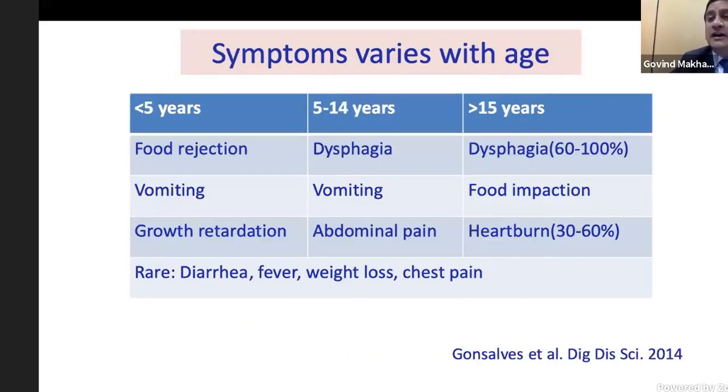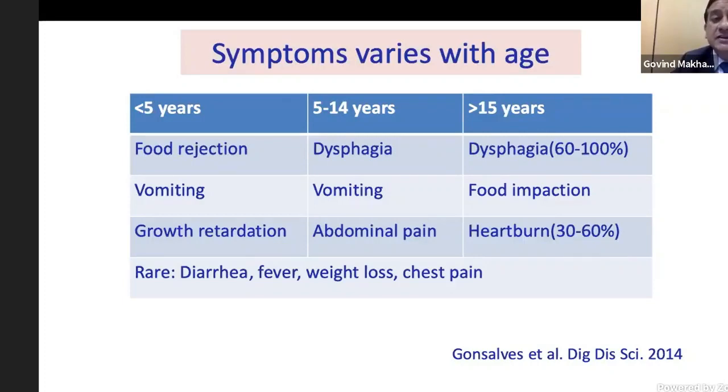Therefore, in the early part of life, the symptoms may be more or less non-specific. The child will reject food, they may have vomiting. If they have recurrent vomiting, they can have growth retardation. So in the early part of life, the symptoms are not so classical.